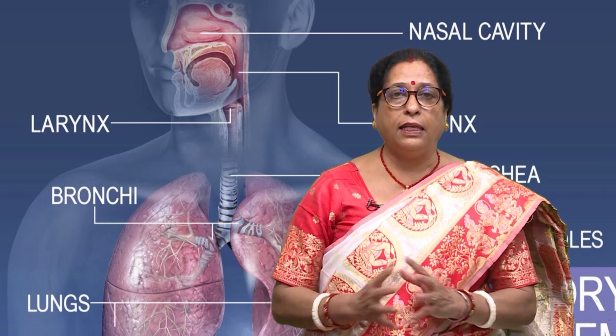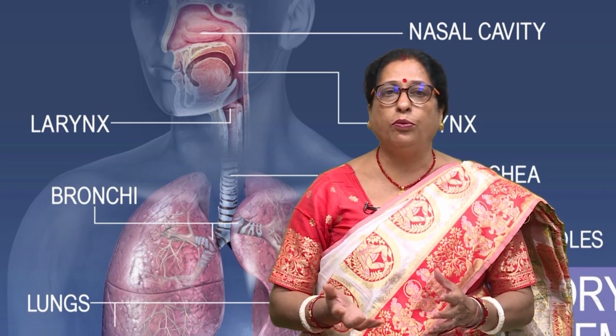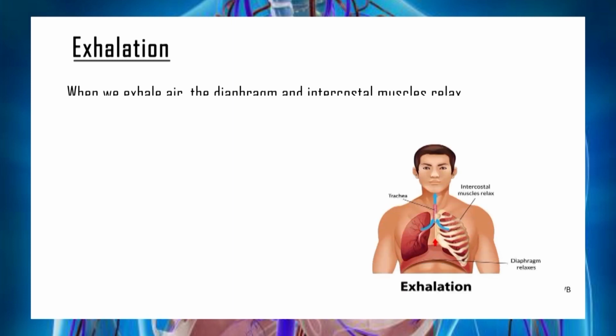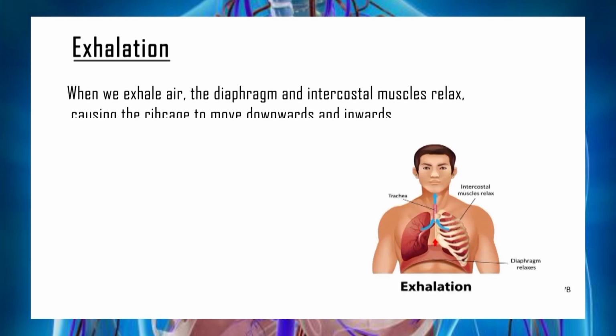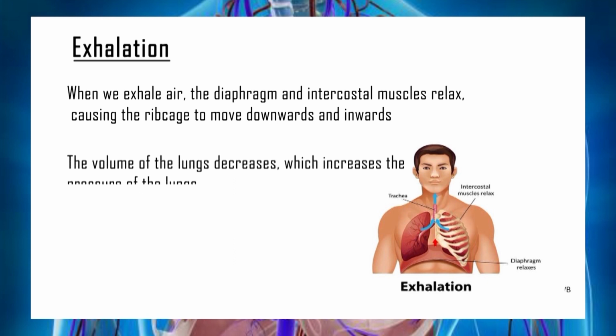In exhalation, that means breathing out. When we exhale, the diaphragm and the intercostal muscles relax, causing the rib cage to move downwards and inwards. The volume of the lungs decreases, which increases the pressure in the lungs.